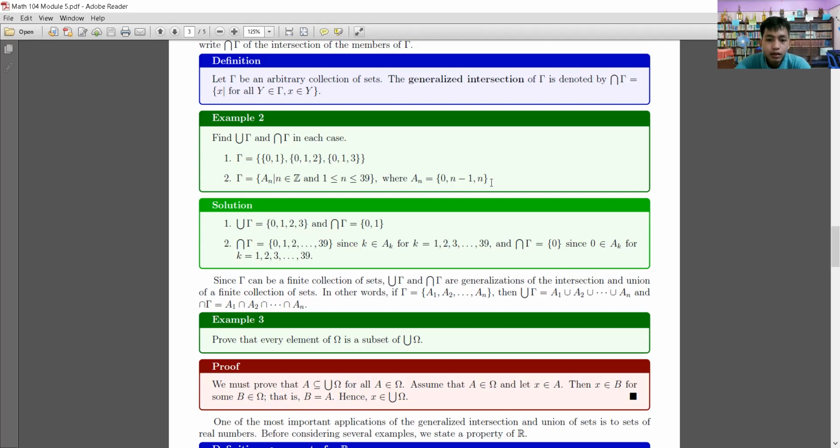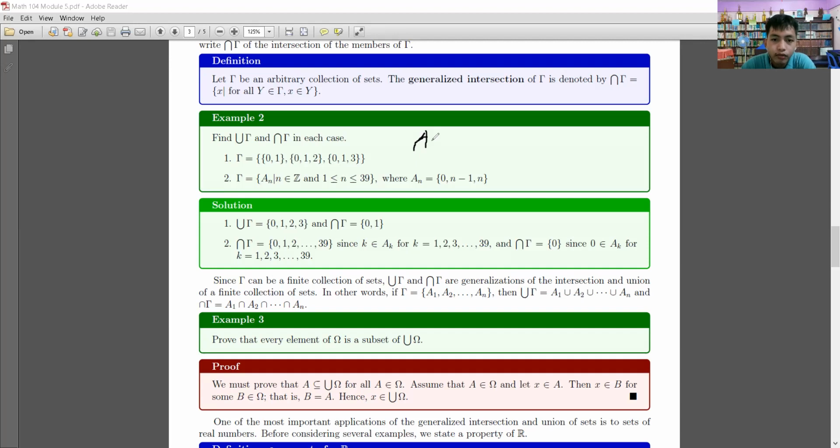So first, kailangan muna nating alamin kung anong itsura ni A sub n. So yung n dapat natin na integer between 1 and 39 kasama si 1.